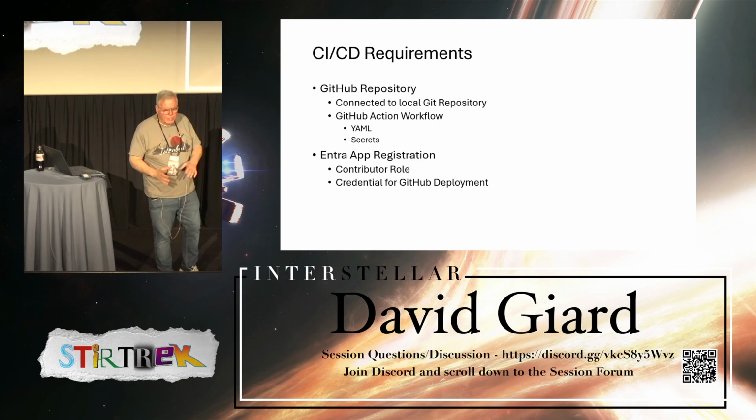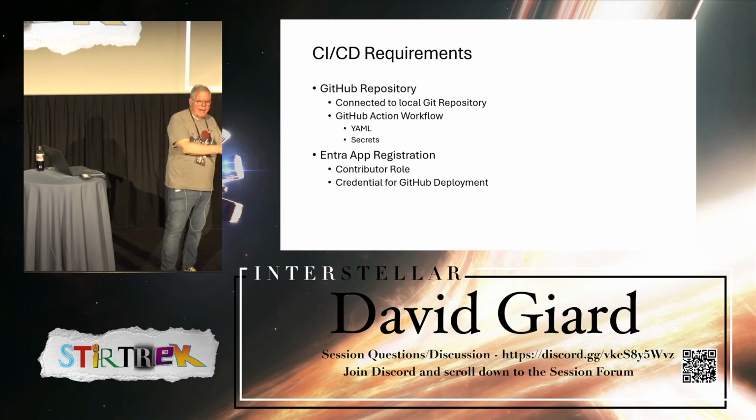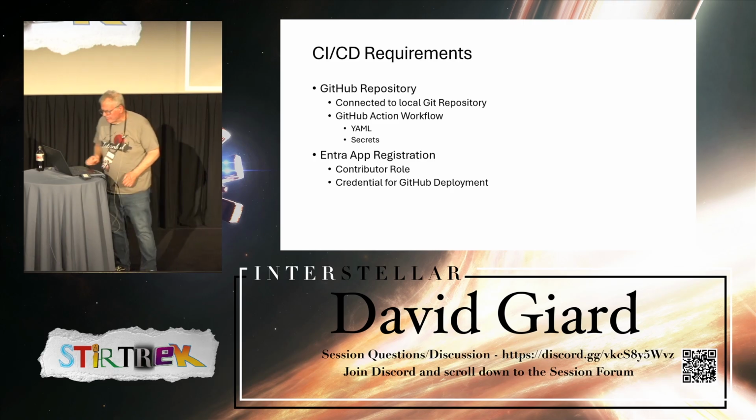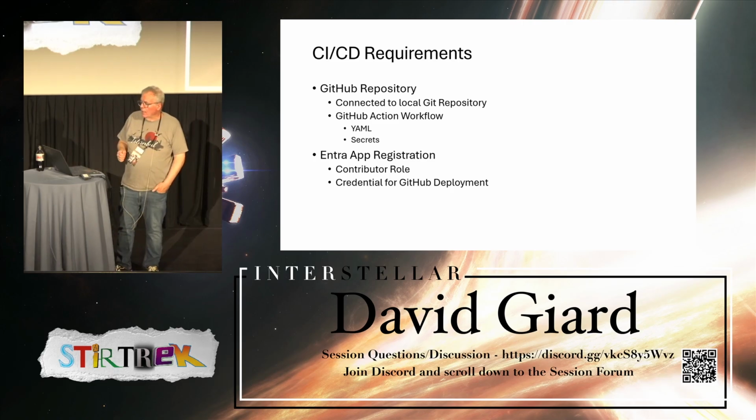So if you wanted to run this in a different environment, maybe you've got one Azure subscription just for developers and another one for user acceptance test and another one still for production, you can change those secrets to accommodate that.